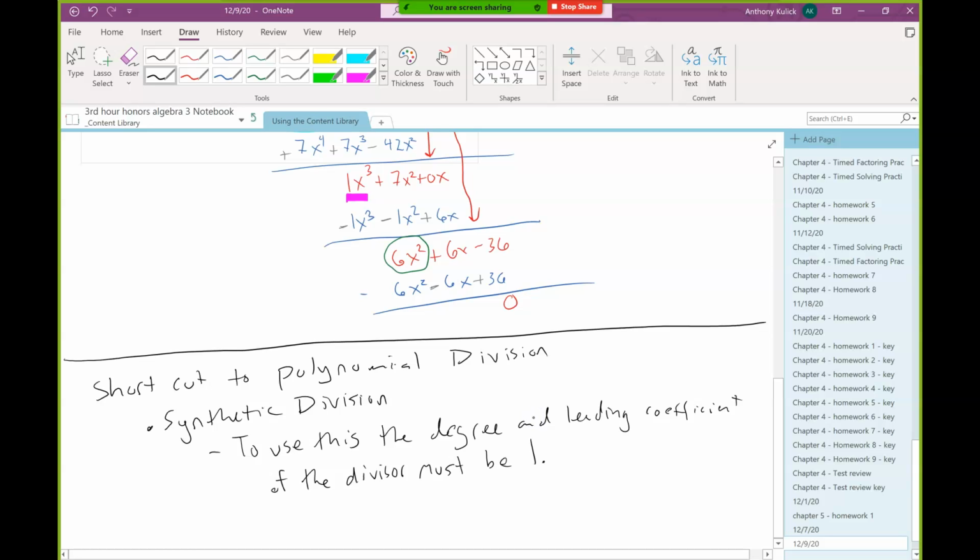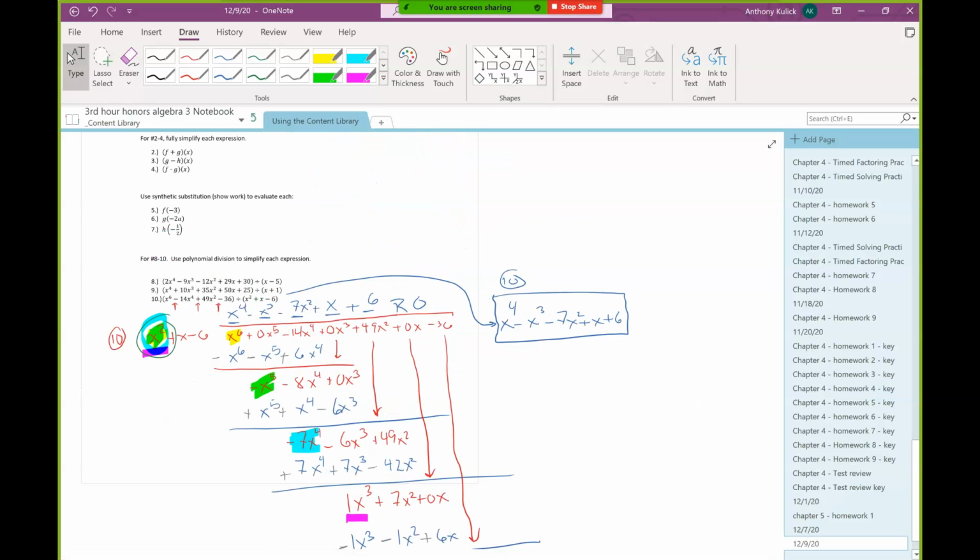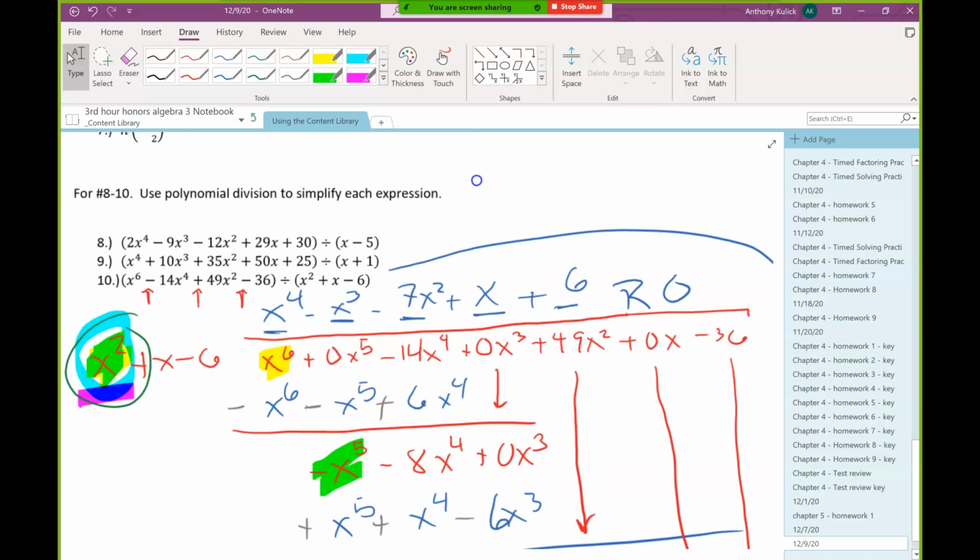So in order to use synthetic division, we have to have the leading coefficient and the degree of the divisor equal to 1. So if we go back and look at our homework assignment from last night, we had 3 of these division problems.